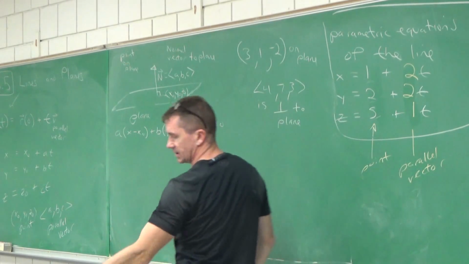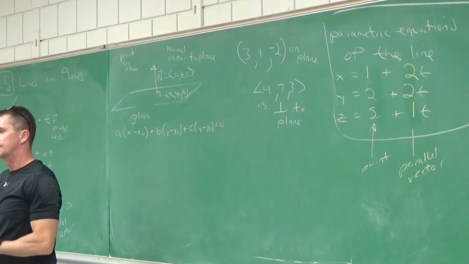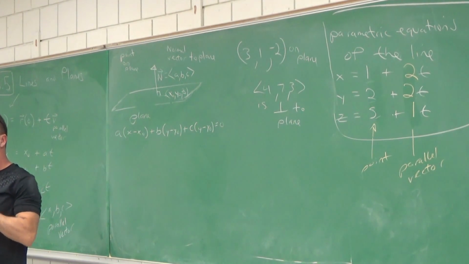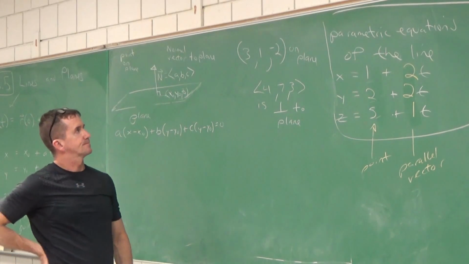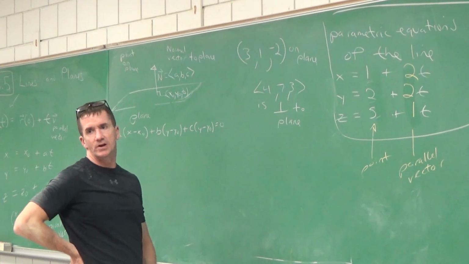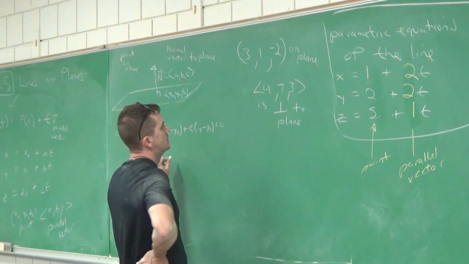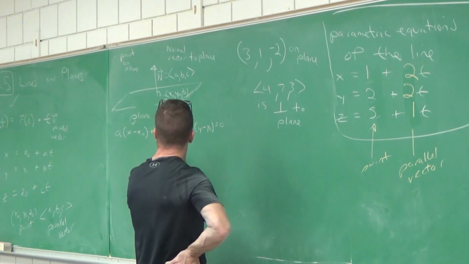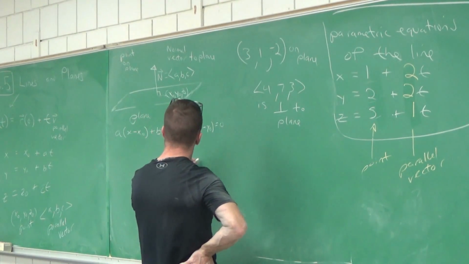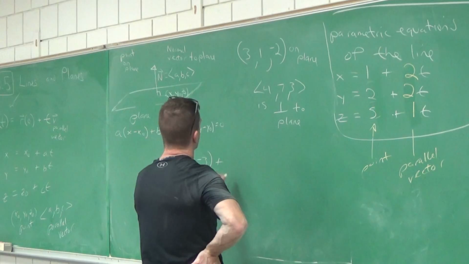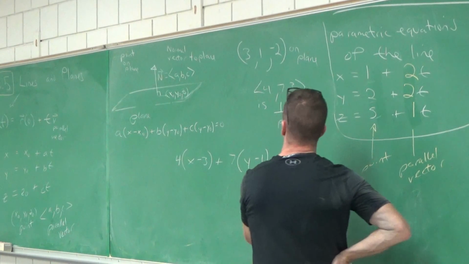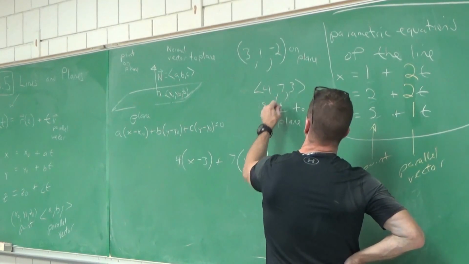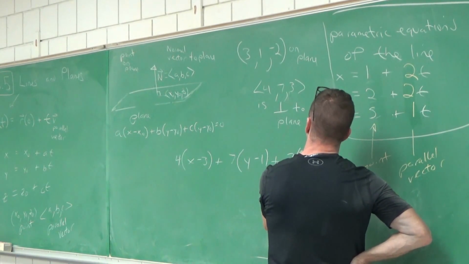And we'll see problems like this in a second. By the way, you don't have to simplify it. So 4 times (x minus 3), plus 7 times (y minus 1), plus 3 times (z plus 2).